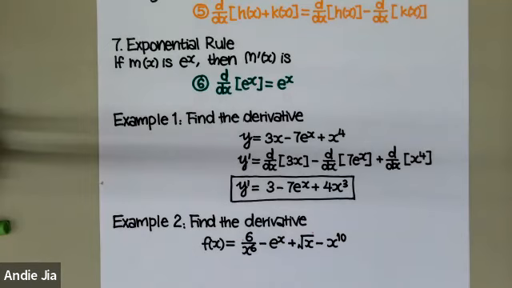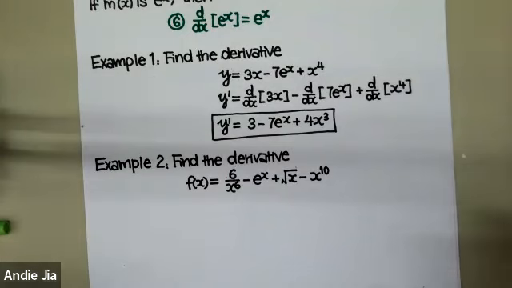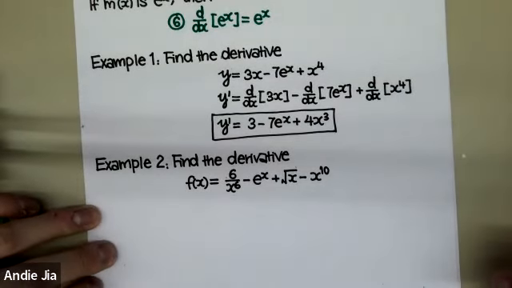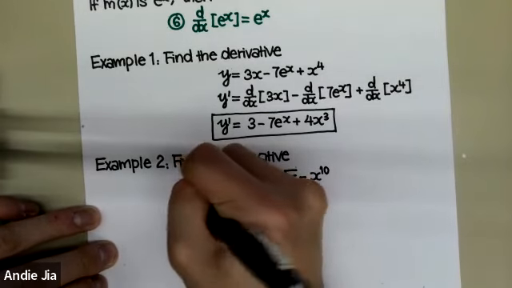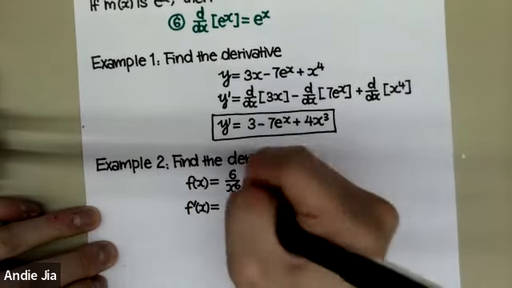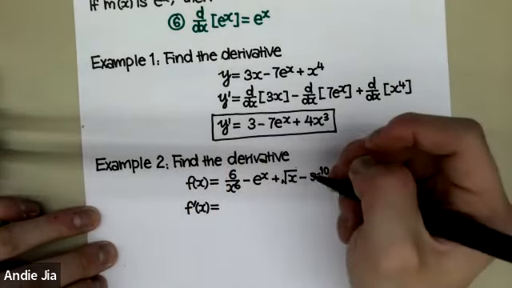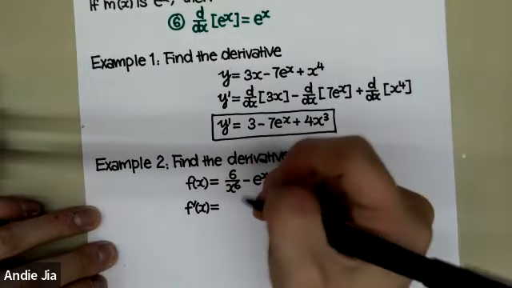This looks a bit harder, but it's not. Just apply the rules. This is 6x to the -6. Writing it in negative exponent form will be easier.